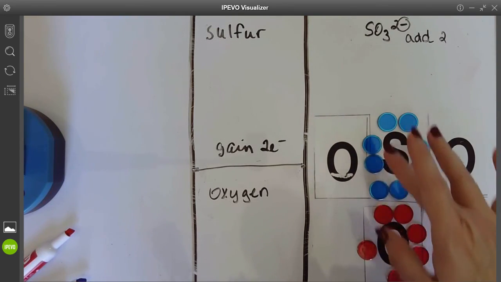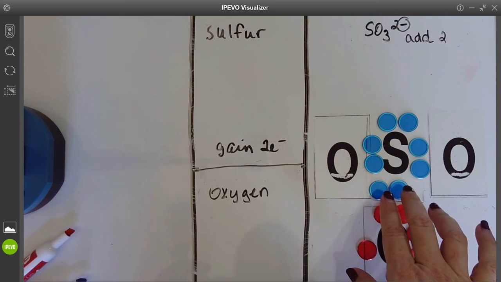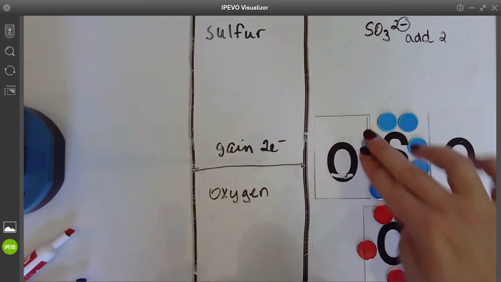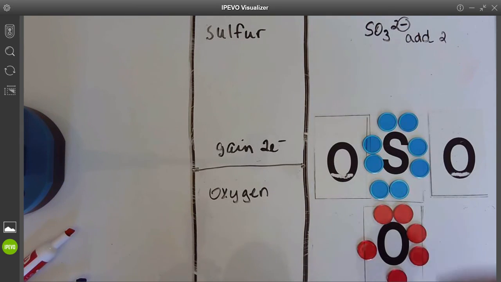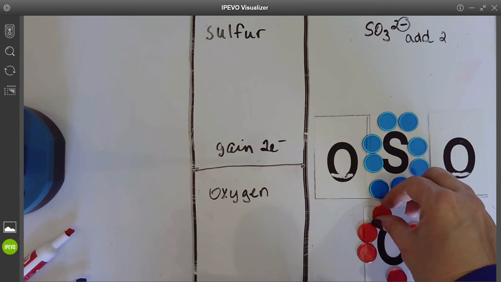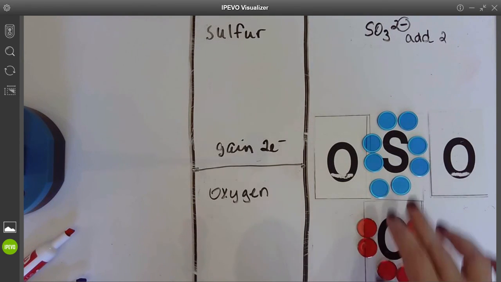And so here's what sulfur is going to do. It's actually going to use its electrons here and here and here for bonding purposes. And so that means oxygen is going to use its electrons as lone pairs. So it's going to scoot around to look like this.